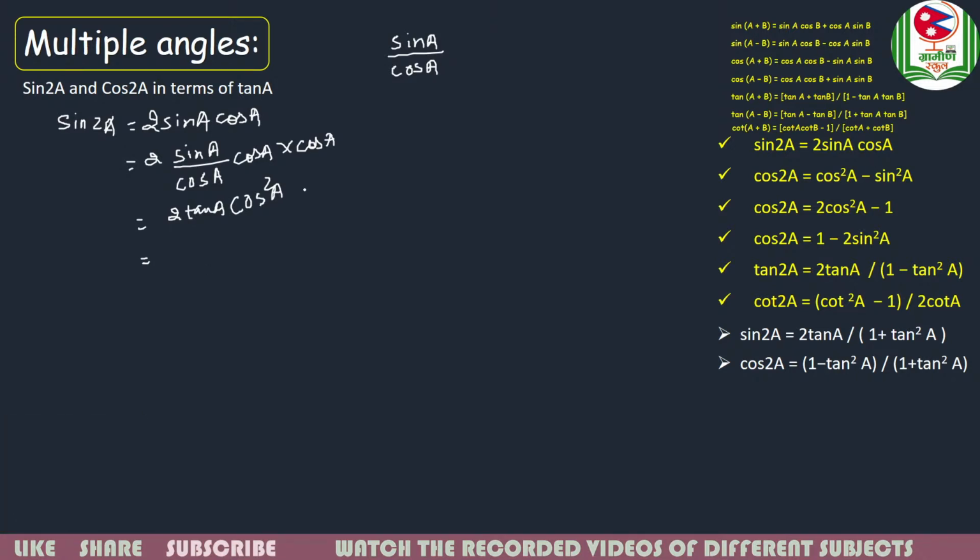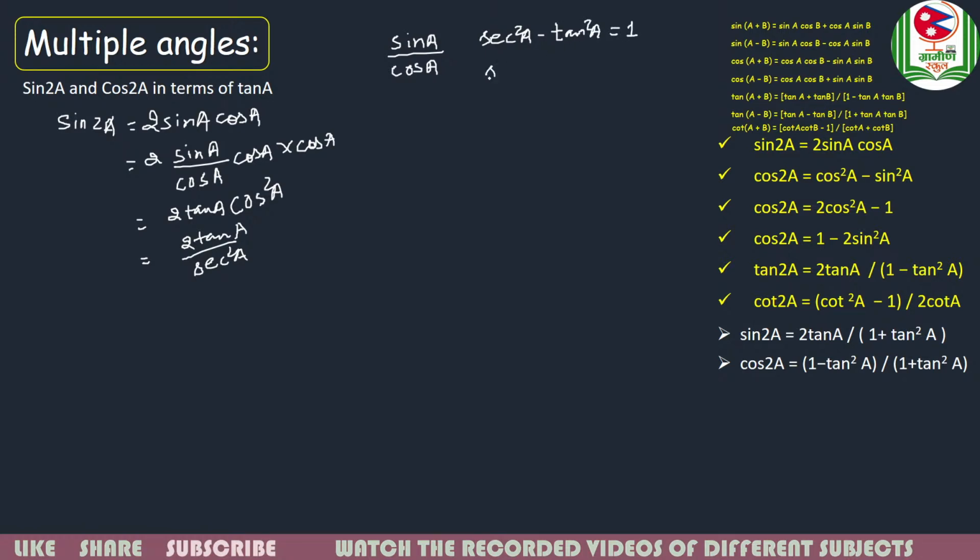Okay, so 2 tan A into cos square A can be written as 2 tan A upon sec square A, and you have to be very careful, and you must remember one formula, that is sec square A minus tan square A is equal to how much? Is equal to 1.